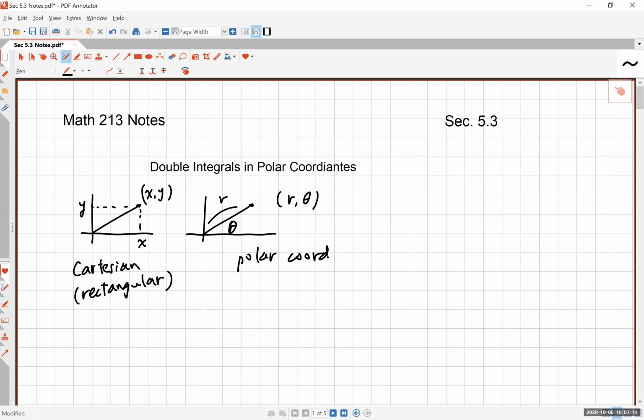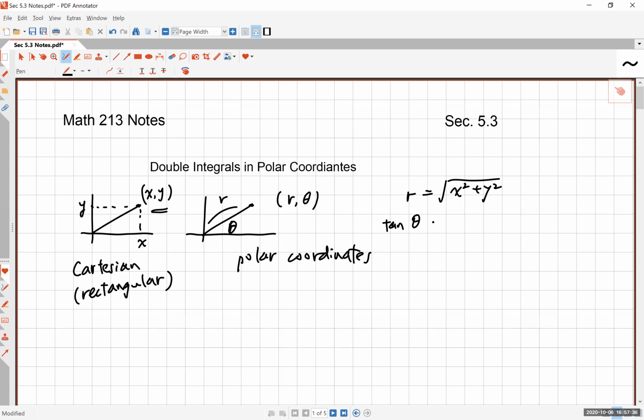You should know the standard conversion, like r is the square root of x squared plus y squared. Theta is hard to describe because it's not unique. x and y are definitely unique; r and theta are not as unique.